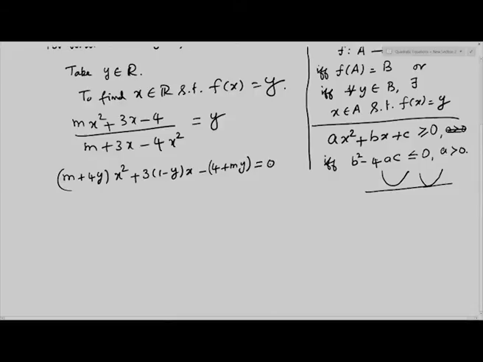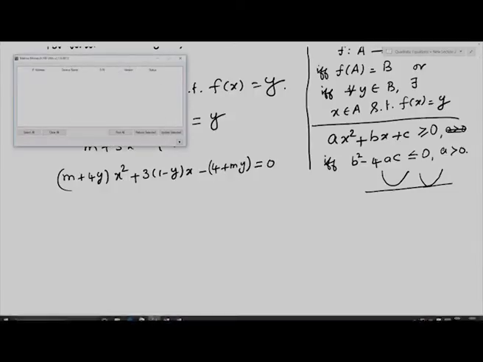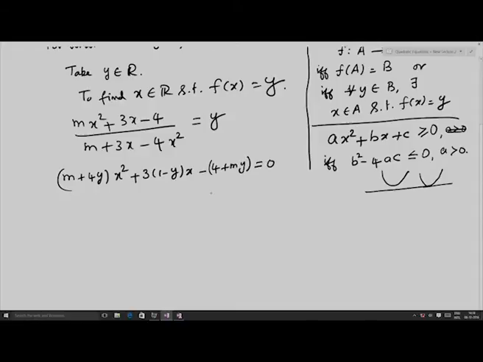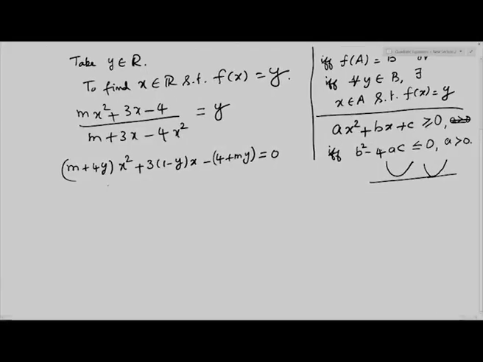I cross multiply and take everything to the left side, equal to 0. Now, for this quadratic equation I want a real x, so we are looking for a real solution. For that the discriminant has to be non-negative.